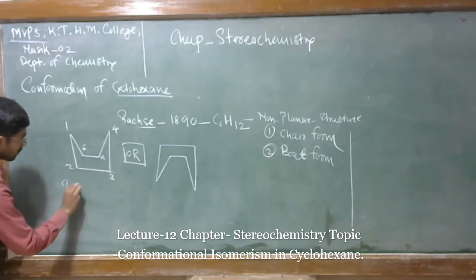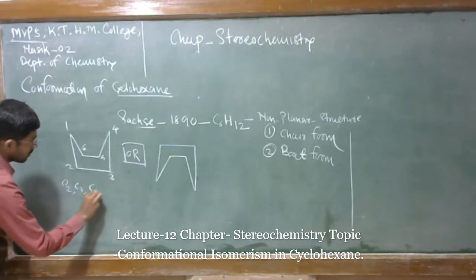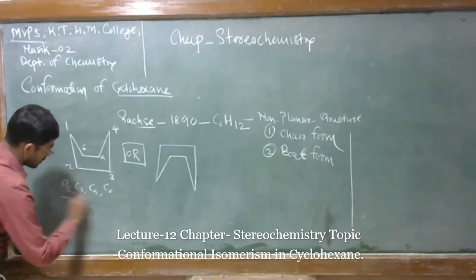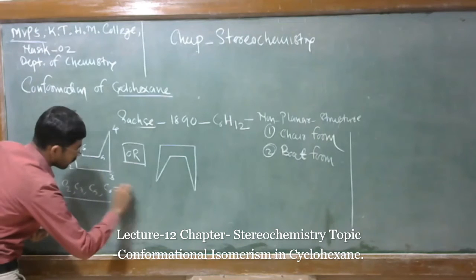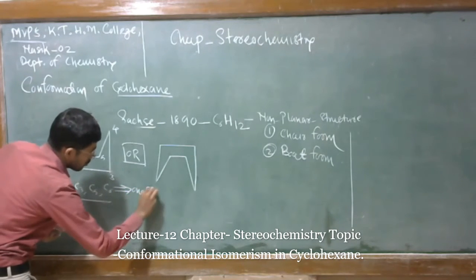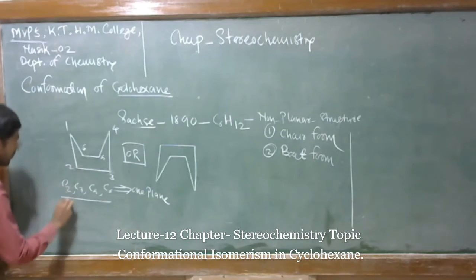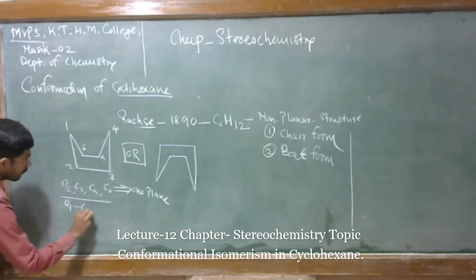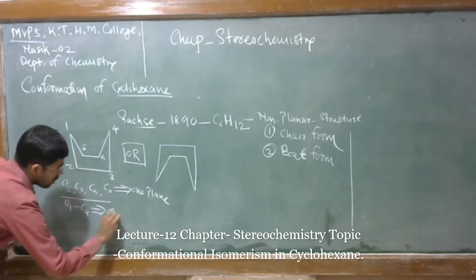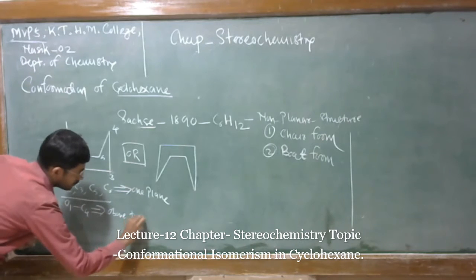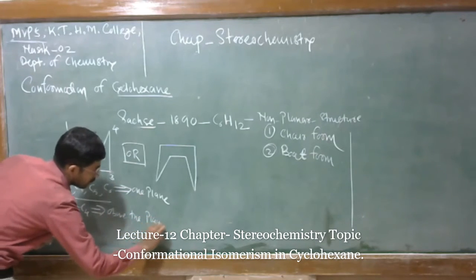Carbons 2, 3, 5 and 6 are present in one plane, and carbons 1 and 4 are above the plane in the first structure.